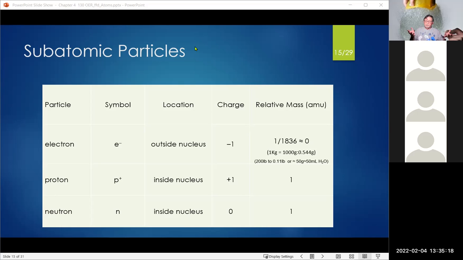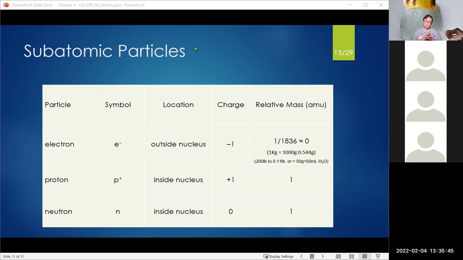It's analogous to me. Let's say I'm 200 pounds, on a good day, and somebody else is 400 pounds. So I am a relative weight 1, and that person at 400 pounds is twice my weight, right? So they have an AMU of 2. That's what they're talking about. It's a relative weight. So I assign 1 and 1 for the proton and neutron.